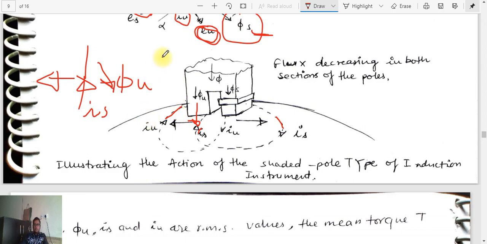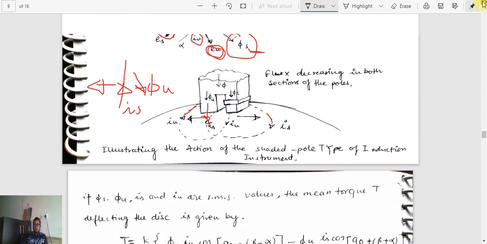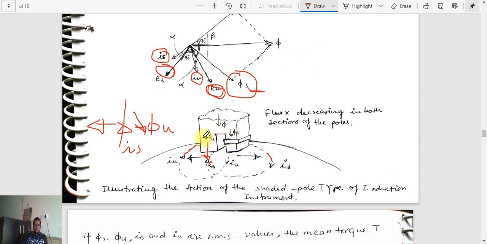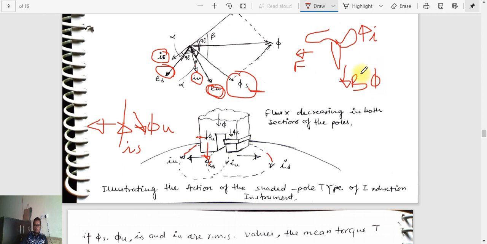We can check here: suppose for this point, the flux is entering this way and the current is in this direction, and by the thumb rule, this is the force F, this is I, and this is B. Similarly for this, B is equal to phi u, and the force is experienced in the left direction.